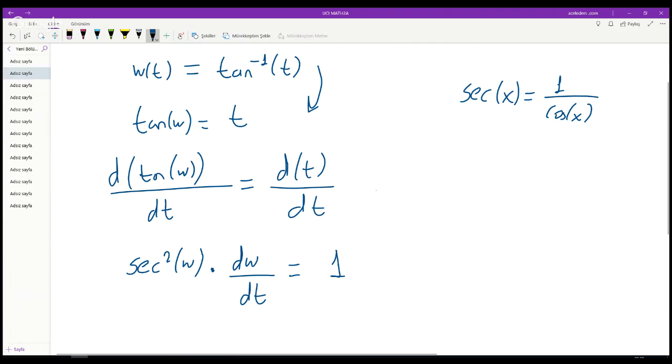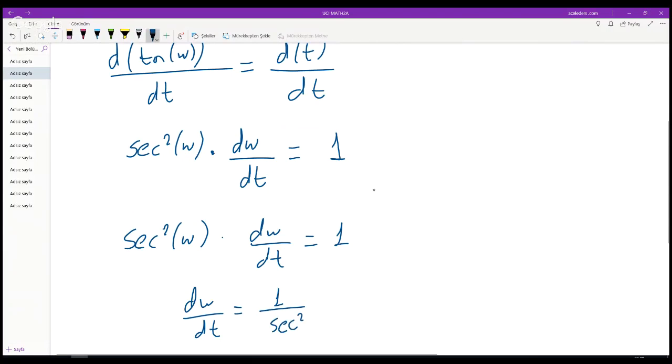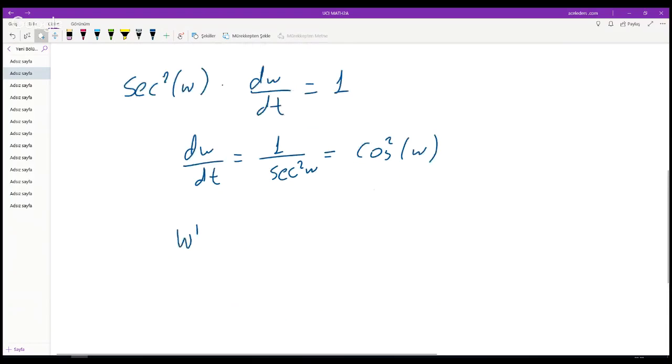So what we have is secant square w times dw over dt equals 1, which means dw over dt is 1 over secant square w, which is cosine square w, right? So let's say that w prime, which means, in this question, the derivative of w with respect to t, is cosine square w.